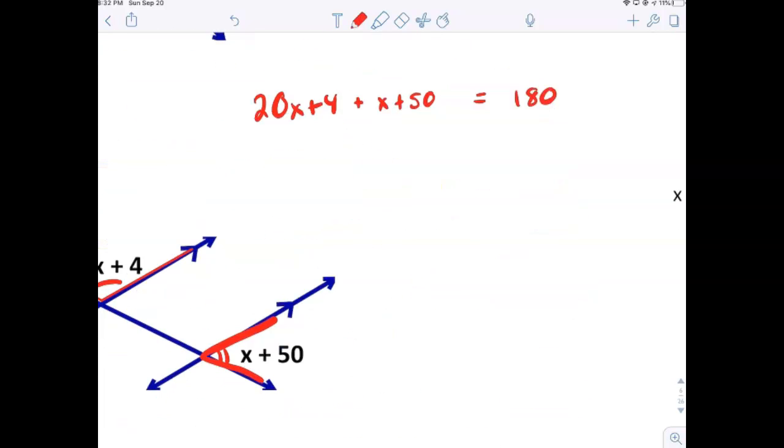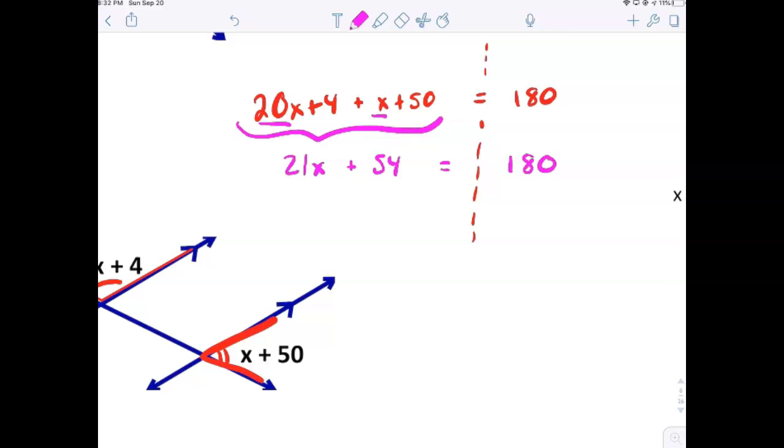So in this case, we're going to combine like terms. On this side of the equation, I have 20 x's and another x, which is 21 x's. 4 plus 50 is 54. And then I'll have you solve for x from there.